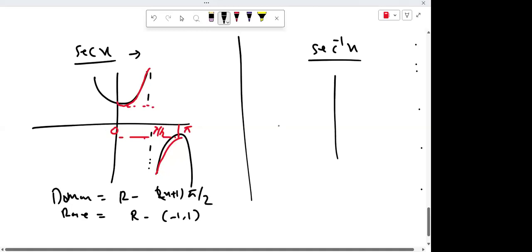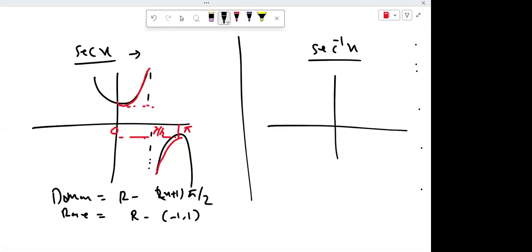If you draw the inverse one, again we have two portions. If you look at the first part, at 0, it is 1. So at 1, it should be 0, this point. And at pi by 2 it is infinite, so at infinite it should become pi by 2. So something like this.